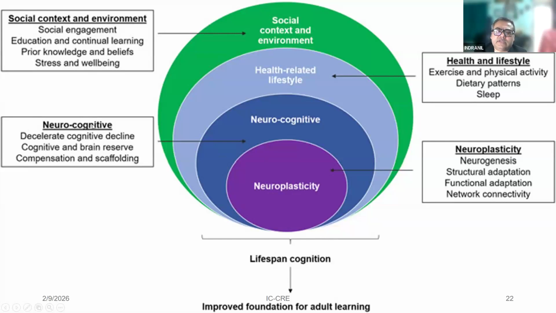So social contexts, the neurocognitive part, health and lifestyle, and neuroplasticity are all coming in this way. If there is full-fledged neuroplasticity, then throughout life your neurocognitive functions are being formed. Then you can form a healthier lifestyle, and then you are definitely socially mature. So if you have lifespan cognition, this model is called the lifespan cognition model, and then you can improve your foundations of learning.